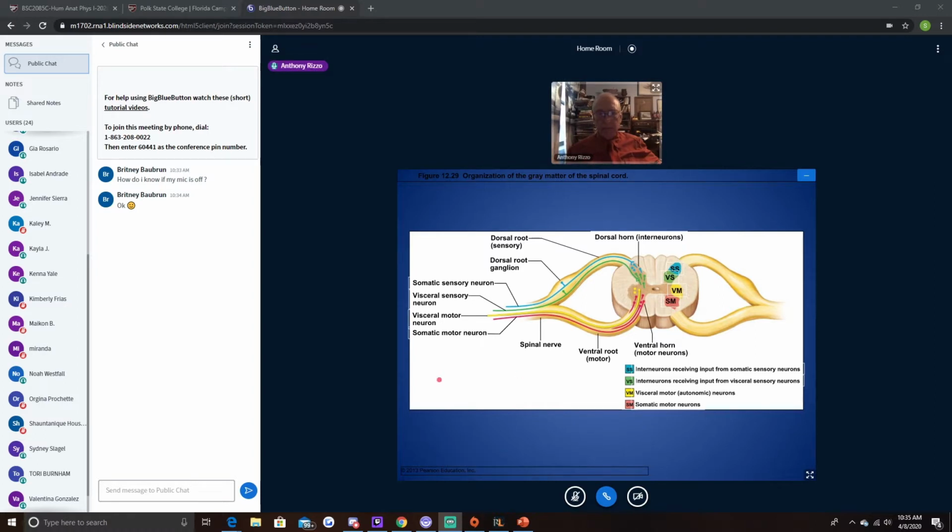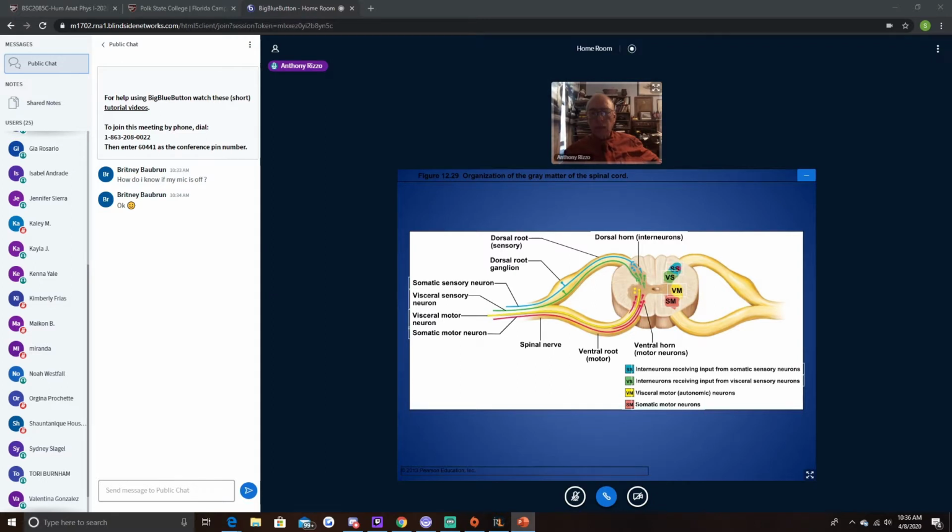So last time, we were saying that the posterior portion of the cord is sensory, and the anterior portion of the cord is motor. Now, if you look at the neurons that are in the cord, you'll see that the visceral sensory neurons are here closest to the center, and the somatic sensory are a little closer to the periphery of the spinal cord.